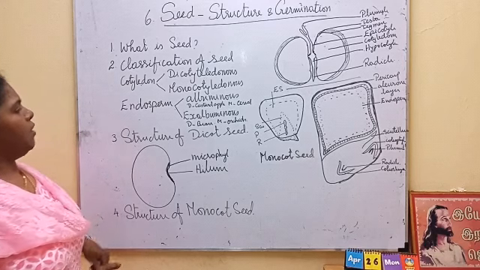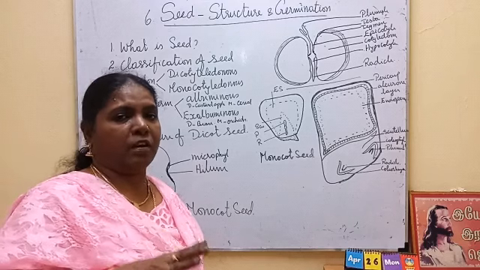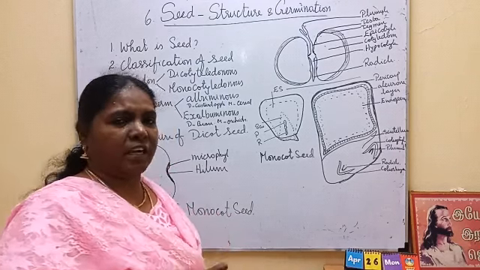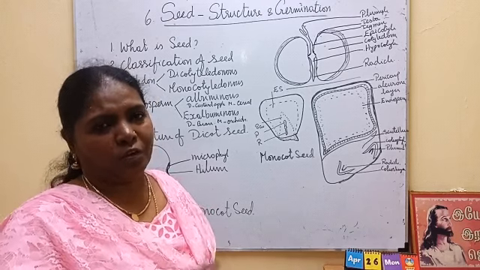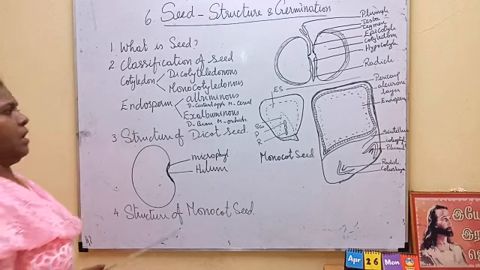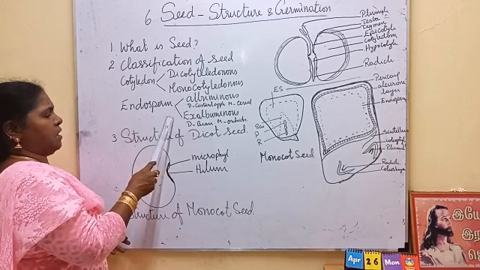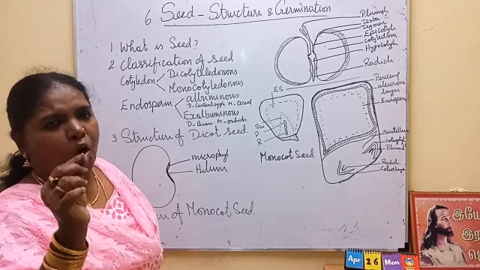Then on the basis of the endosperm: we came across the secondary nucleus in the structure of the ovule. After fertilization, the secondary nucleus divides to form a nutritive tissue called endosperm. This endosperm will be present in large quantity in some seeds. In some seeds it will be rudimentary, a very small portion.